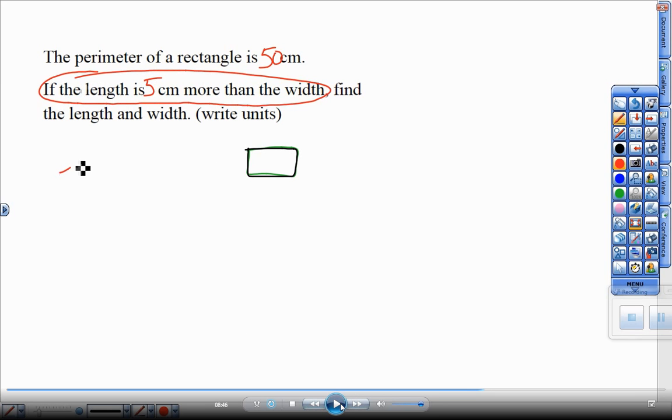Length L equals the width plus 5. So the length is 5 more than the width, which means I'm comparing the length to the width, which means everything's involving the width. The length is a little bit more than the width. So I'm going to use W as my unknown here.